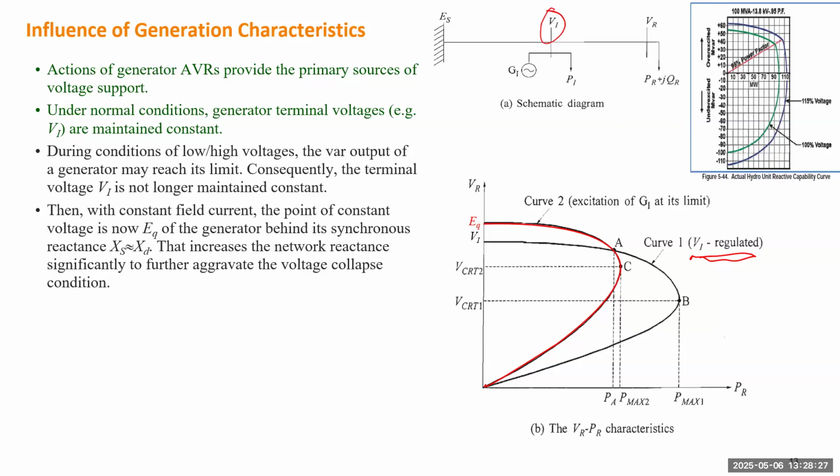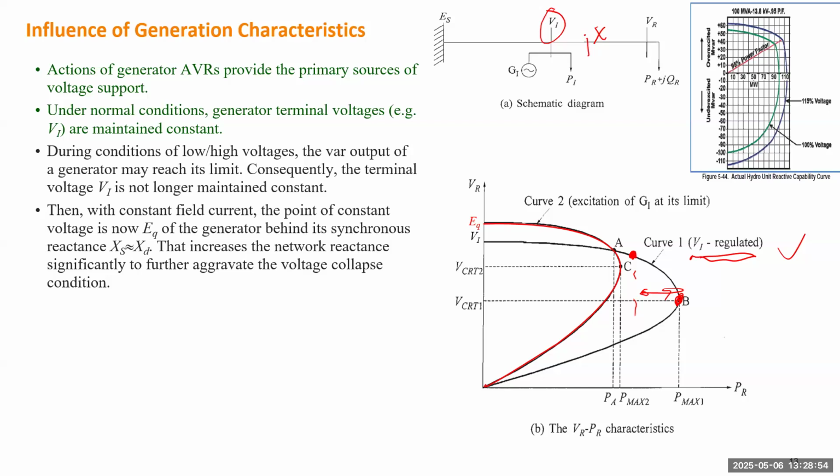So you're going to use VI and the reactance between the VI and the VR to draw the first PV curve. And assume right now you operate at maybe this point, it still has a lot of distance to the critical point. The critical point will be the point B. The system is still stable in terms of voltage.